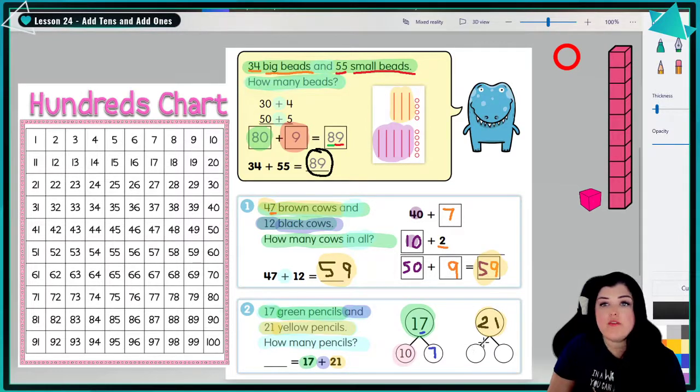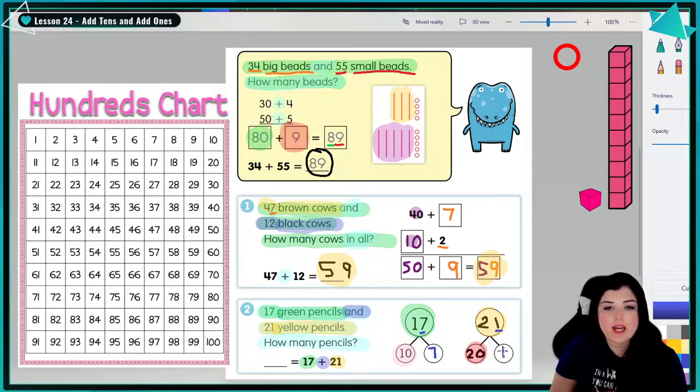And I know 2 groups of 10 makes the number 20. And how many ones in the number 21? If you said 1, you are right. So I'm going to write the number 1.